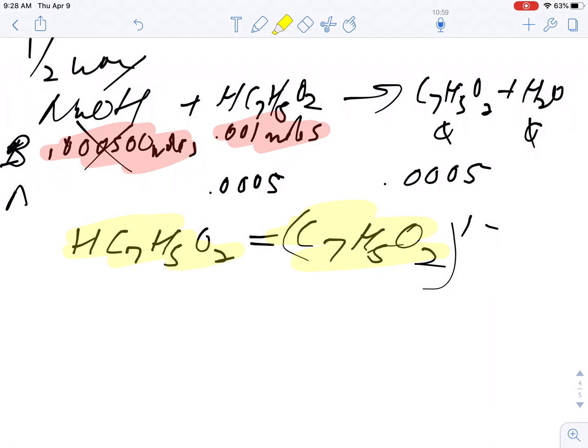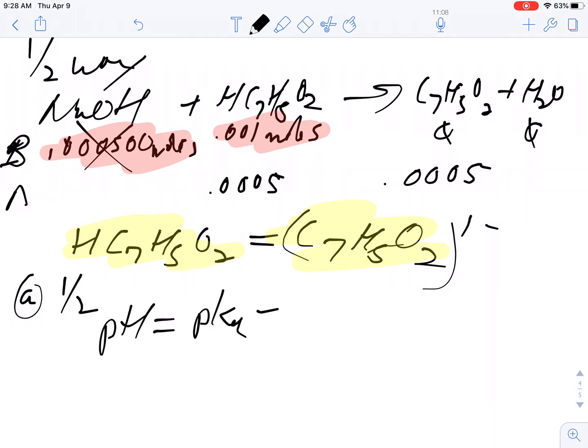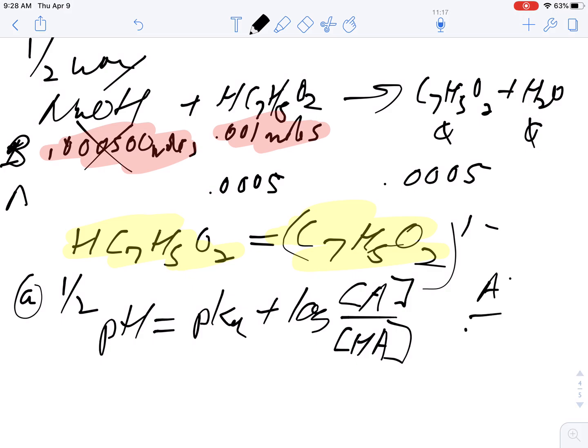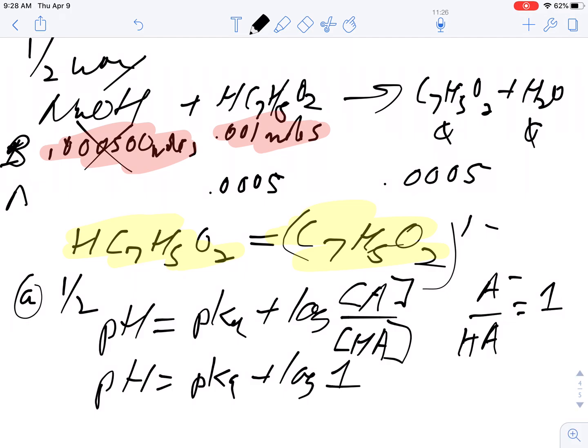Therefore, at halfway, as I mentioned before, the ratio of A minus to HA is 1, and the log of 1 is 0. So at halfway to the equivalence point, pH is equal to pKa.